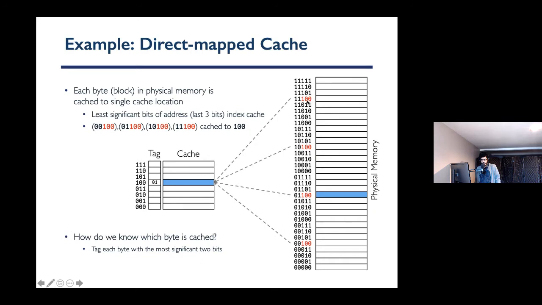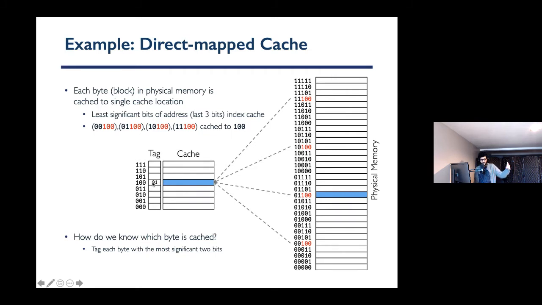If I'm looking at this cache location, this 100, this basically means that the last 3 bits of the address is 100. So that I know. I don't need to tag my cache with that. I only need to keep the last 2 bits in my tag.